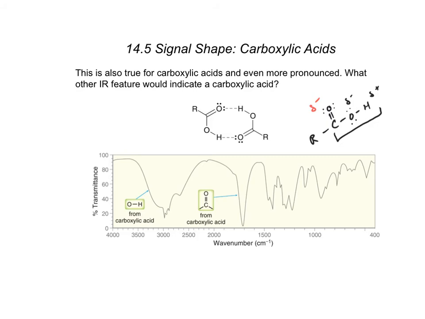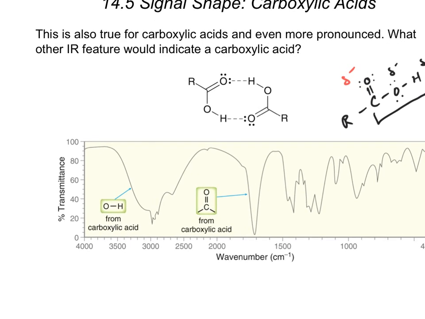When we look at the spectrum for carboxylic acids compared to alcohols, how much broader is this compared to what we expect for an alcohol by itself? This is the OH group for the carboxylic acid. A lot broader. Very much broader, okay? So for this guy, this ends up being about 2,200 inverse centimeters all the way to about 3,600.